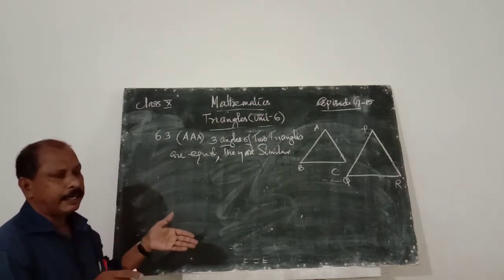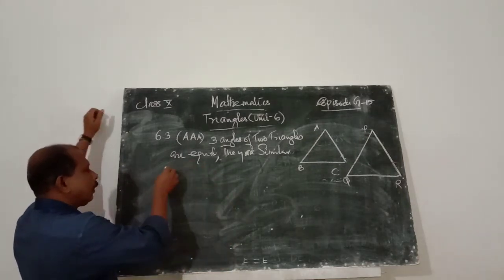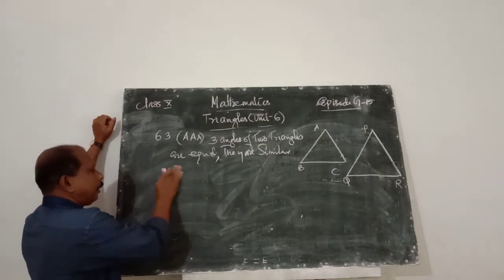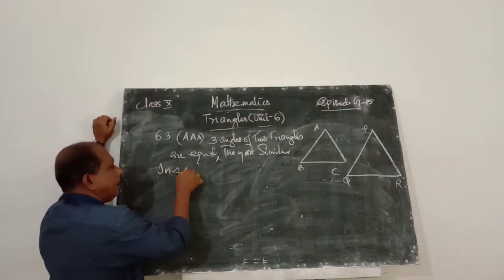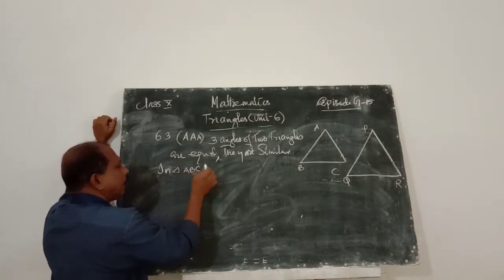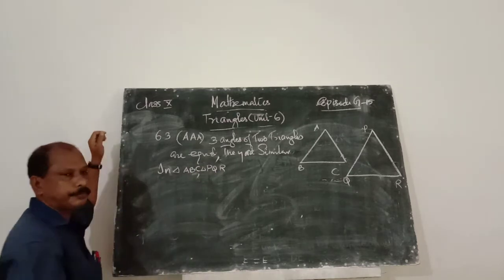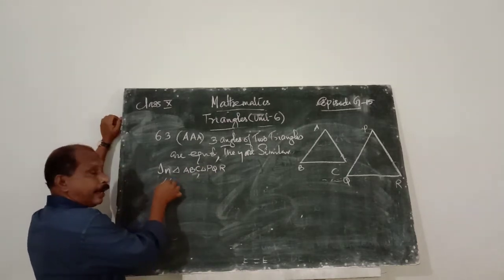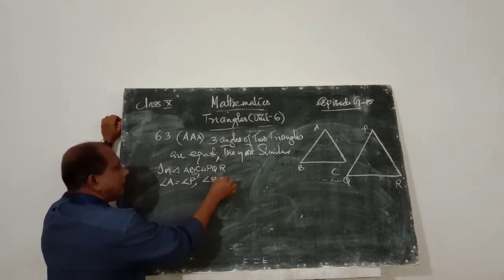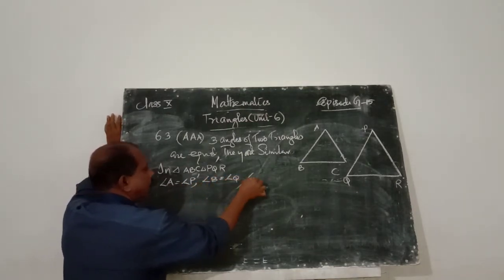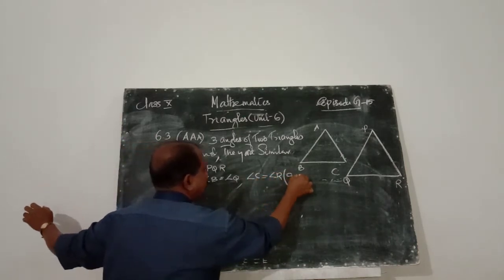That means what is given: three angles are equal is given. Therefore, given that in triangles ABC and PQR, angle A is equal to angle P, angle B is equal to angle Q, and angle C is equal to angle R. That is given.